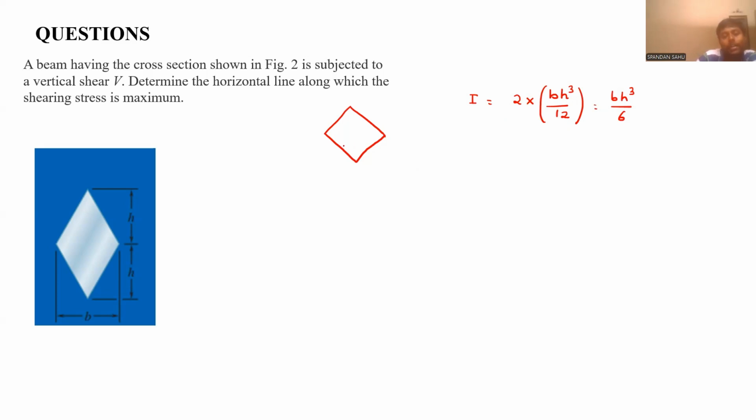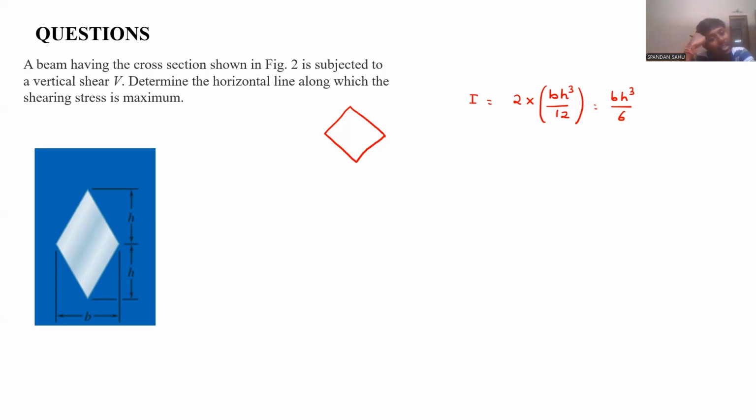Now you see, in the previous question, it was a rectangular cross section in which along the depth, your width of the section was constant. So as you vary the h, your b was constant.